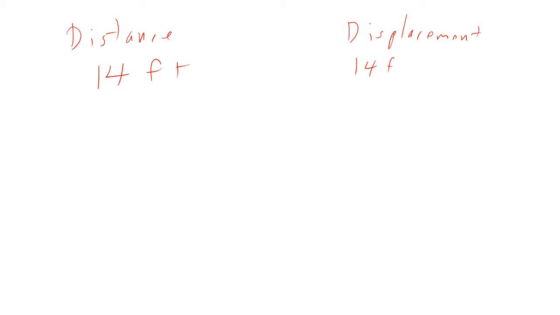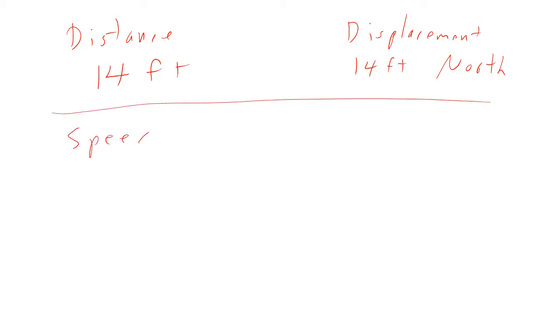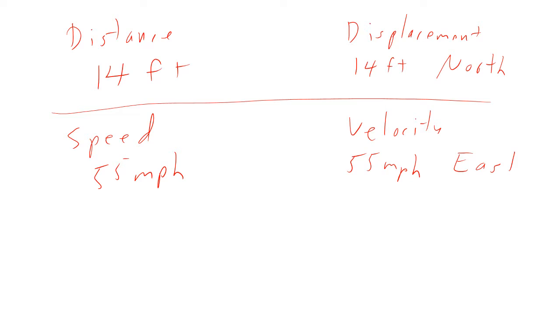Displacement, 14 feet north. So that means it's a distance in a certain direction. Okay, we can have speed. Speed, 55 miles per hour. Velocity is going to be equal to 55 miles per hour east.